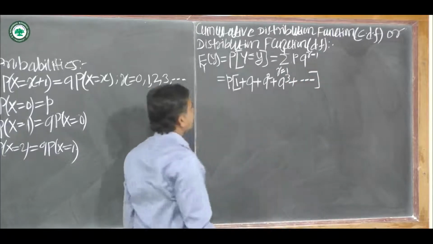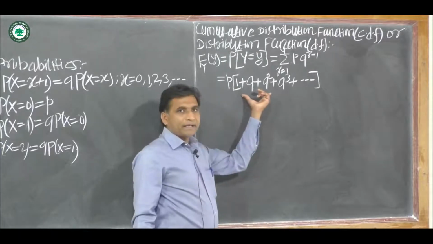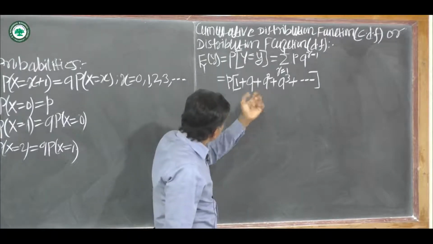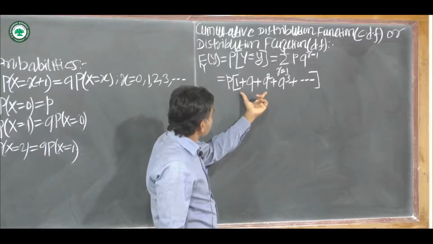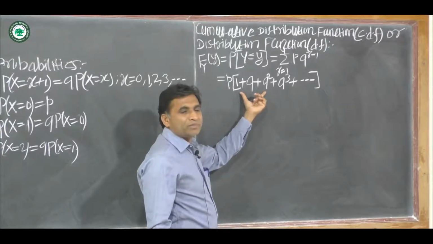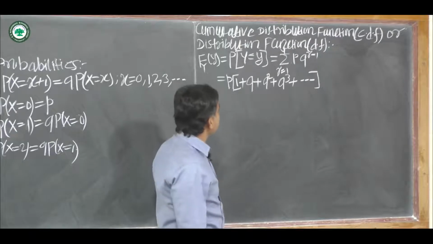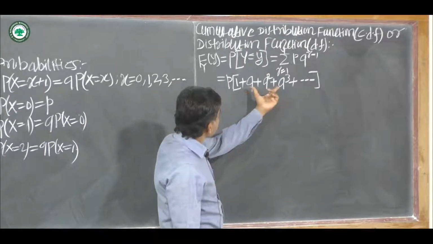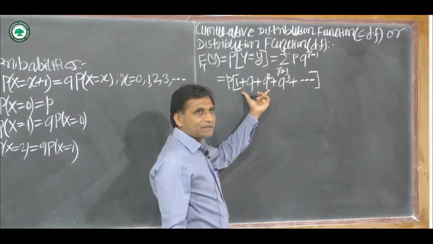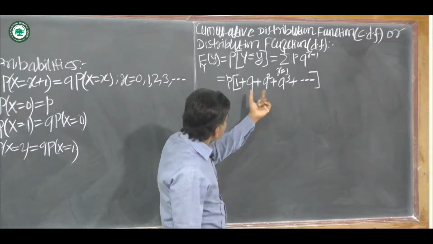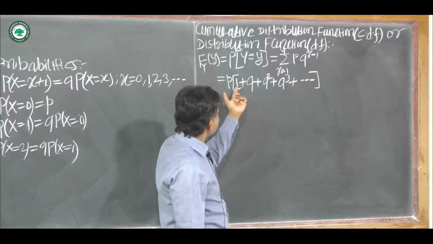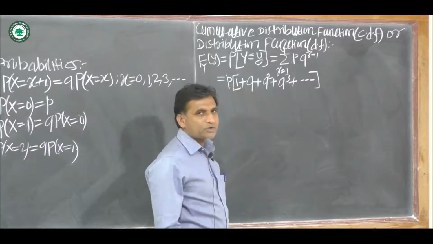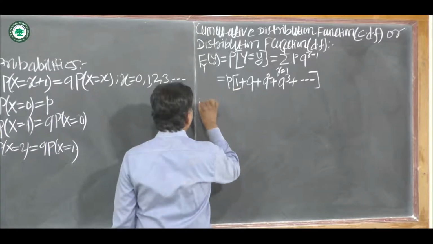Okay, now the terms in the brackets are the sum of the first y terms of a geometric progression with first term 1 and common ratio q.